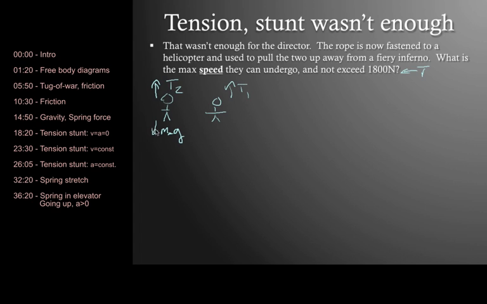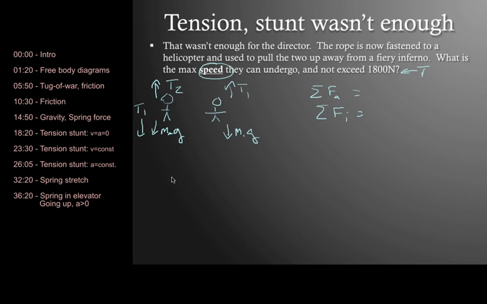This is T1. There's also a T1 here. This is MIG. And we could write out what are the sum of the forces for the actress, what are the sum of the forces of the informant. But what we need to realize and stop here is, what is the max speed?